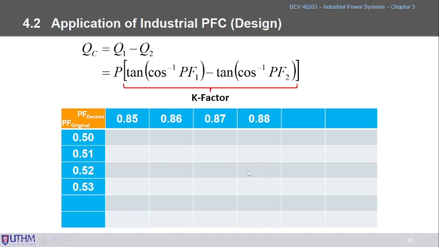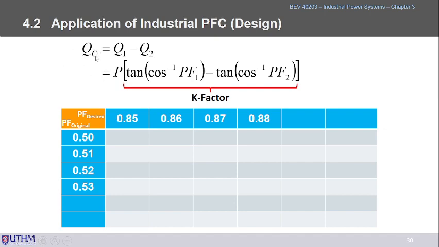This is the K factor. Once you have the K factor, from 0.52 to 0.88, you simply multiply it with your plant's total P, and then you know how much compensated Q you require.